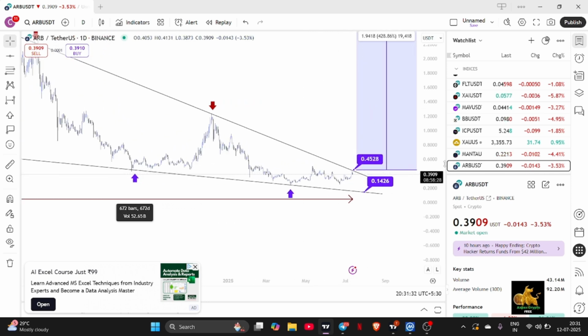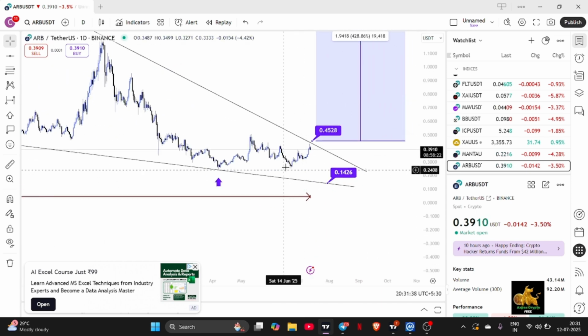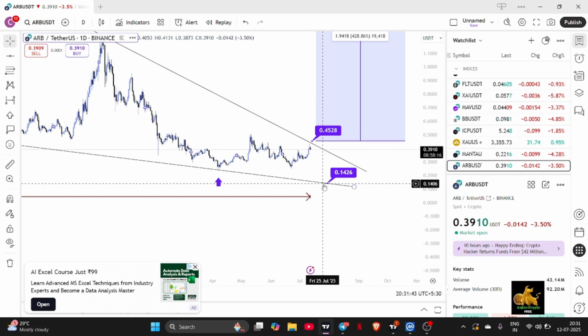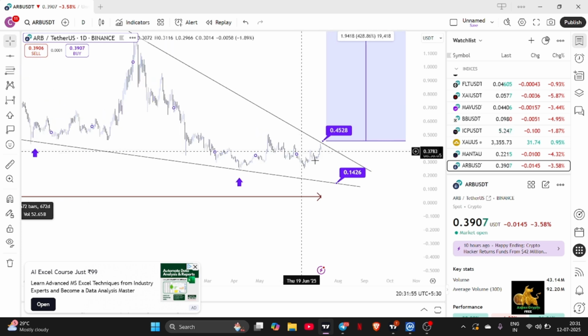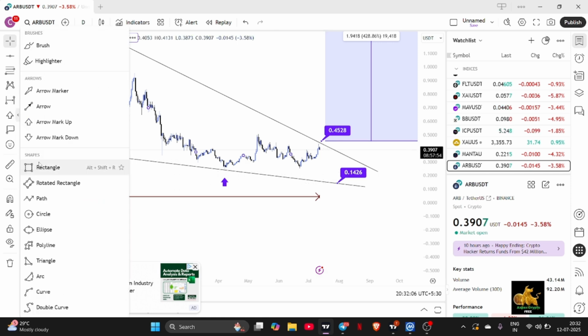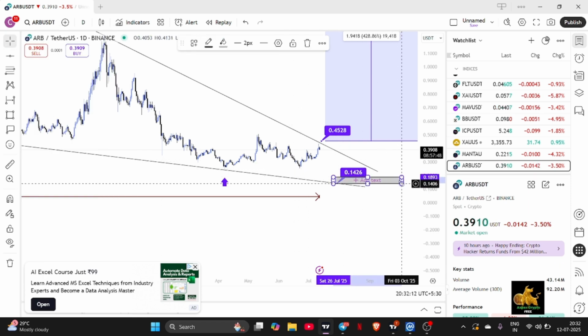But before breakout, one more thing: if ARB breaks down this support trend line, then we may see a dump around the 0.1426 dollar range, but it's good for long term. If you are buying for the long term, then this is the range you will go for, but I don't think it will come.